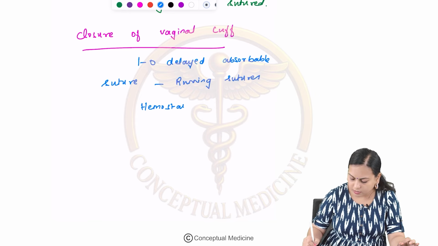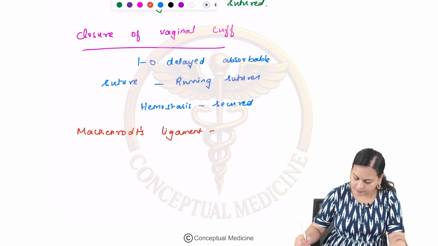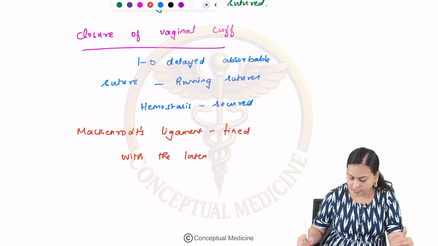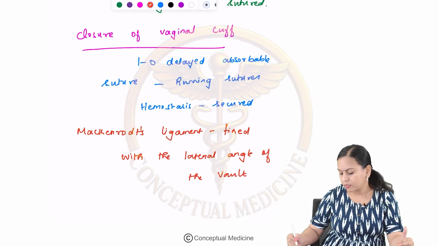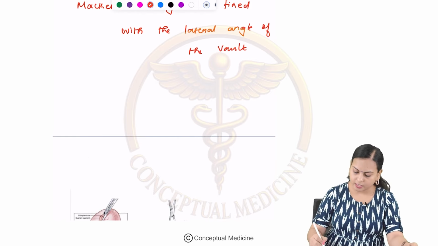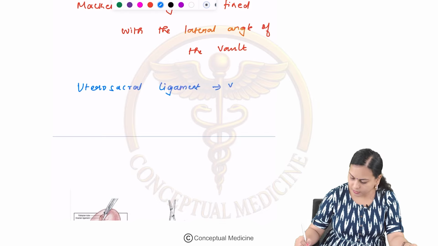Hemostasis will be secured and Mackenrodt's ligaments will be fixed with the lateral angle of the vault. Why do we do this? To prevent prolapse, vault prolapse. Then the uterosacral ligament will be fixed with the vaginal vault.